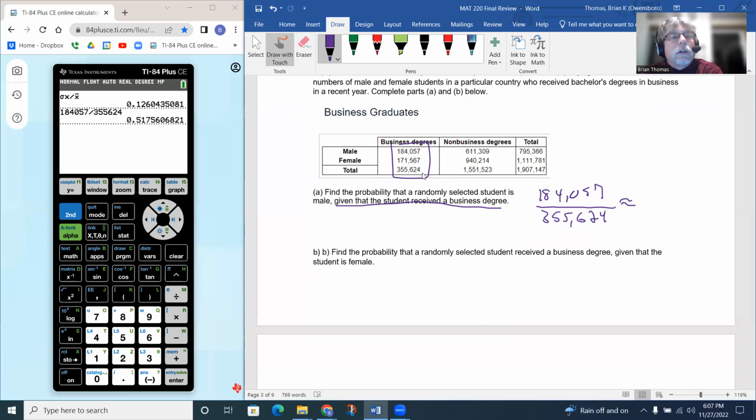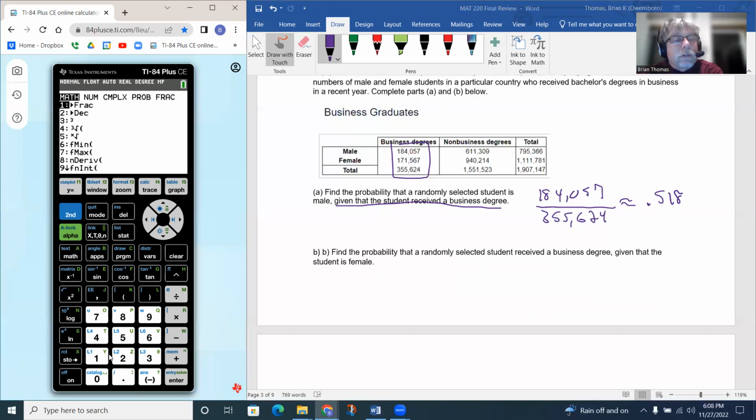If I was rounding to 3 decimal places, that would be 0.518. But I really can't remember what decimal place they want. A lot of times they'll leave the probability as a decimal. If I want a fraction, if I hit the math button, number 1, turn it to a fraction, that answer basically stays the same. So it's probably better off being a decimal for that.